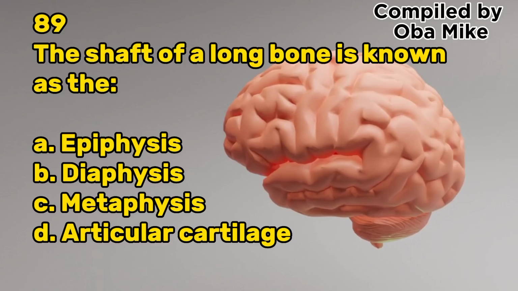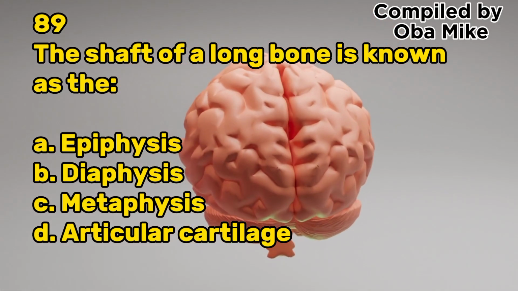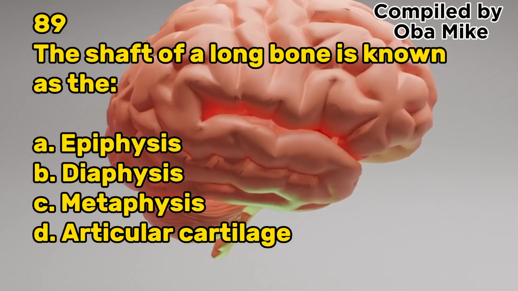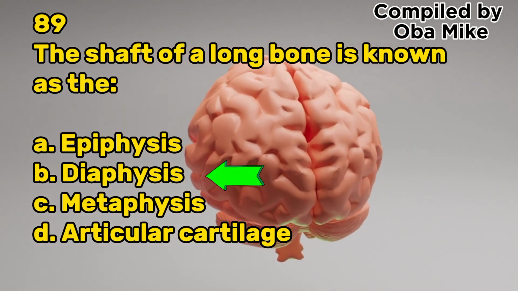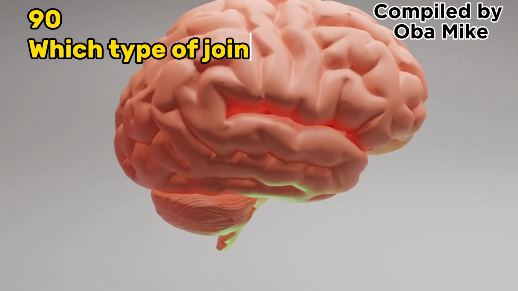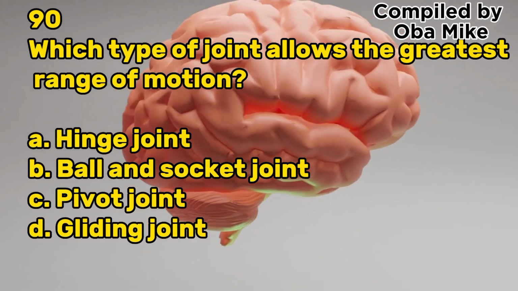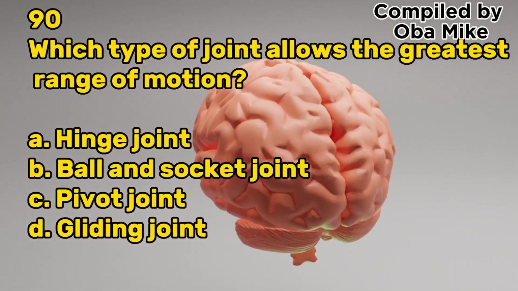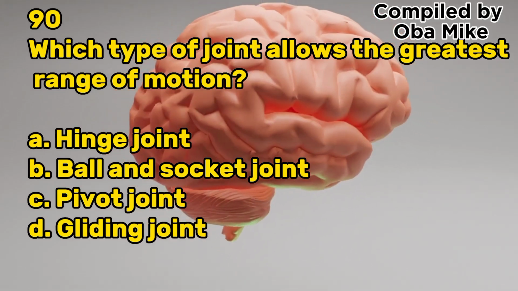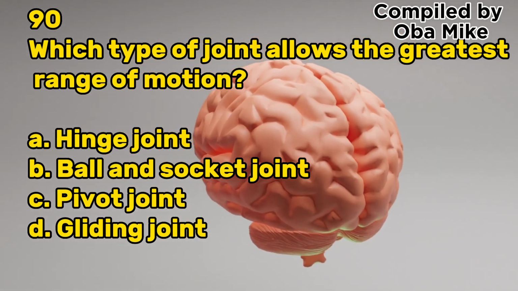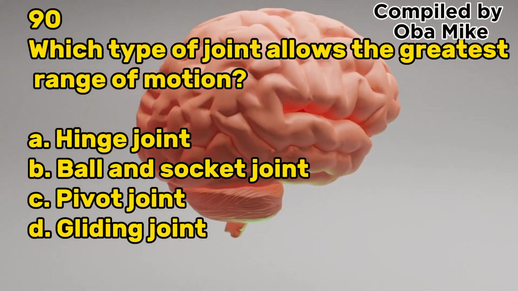C. Metaphysis. D. Articular cartilage. 90. Which type of joint allows the greatest range of motion? A. Hinge joint. B. Ball and socket joint. C. Pivot joint. D. Gliding joint.